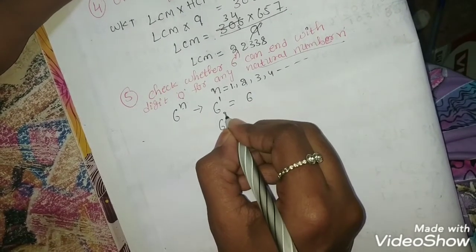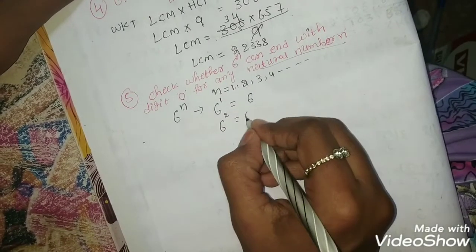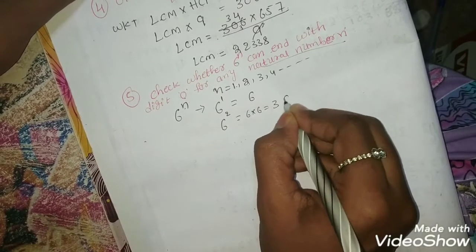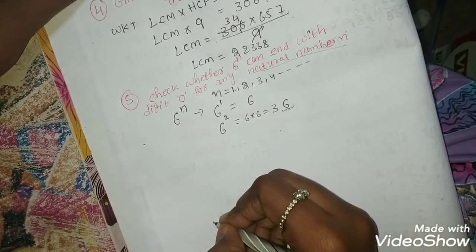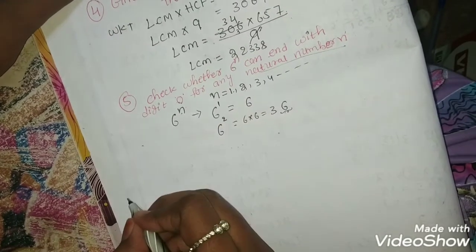If you keep 2 in the place of n, we get 6 into 6, that is 36. What is the units place here? We get 6. What he is saying in the question is we need 0.